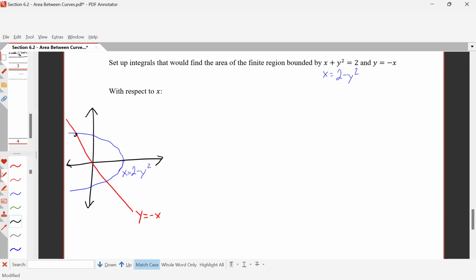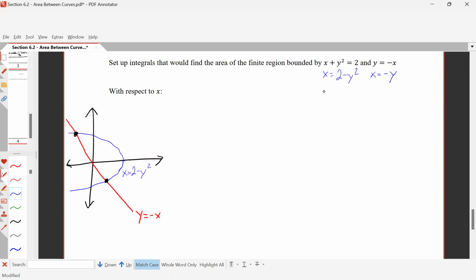So it intersects twice, here and here. We want to find those points, so we're going to set these equal. To make our variable the same, y equals negative x is the same as x equals negative y, by dividing both sides by -1.